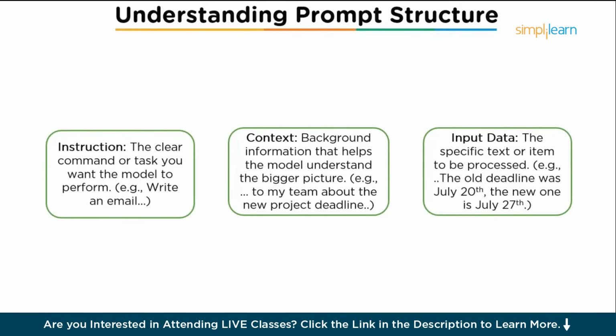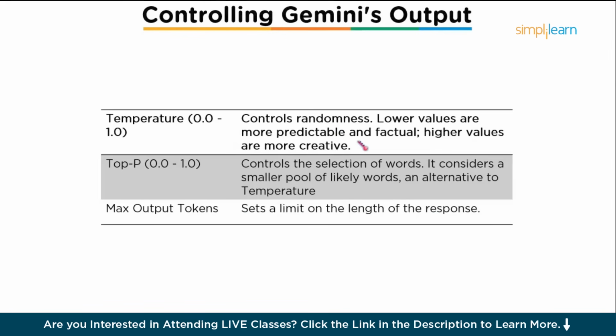By combining these precise instructions with the relevant context and necessary input data, you guide the model to generate accurate and tailored responses. To fine-tune Gemini's response, we control its output using three key parameters. Temperature, ranging from 0 to 1, directly manages the randomness of the output, making it more predictable and factual at lower values.